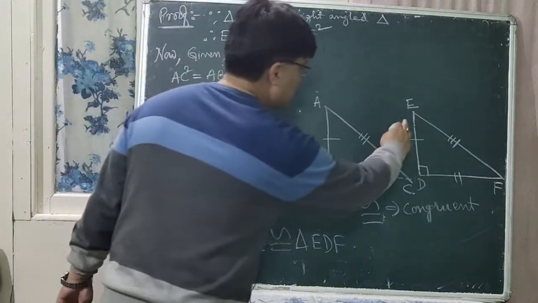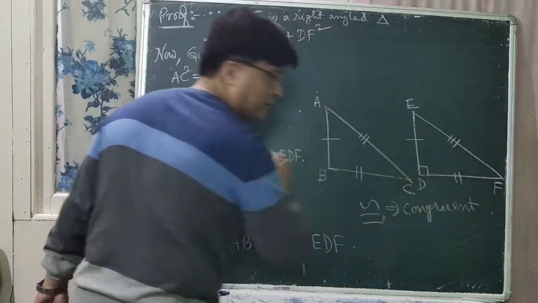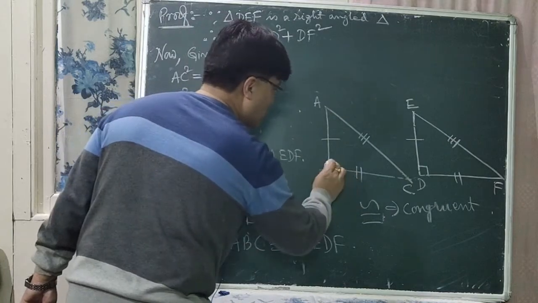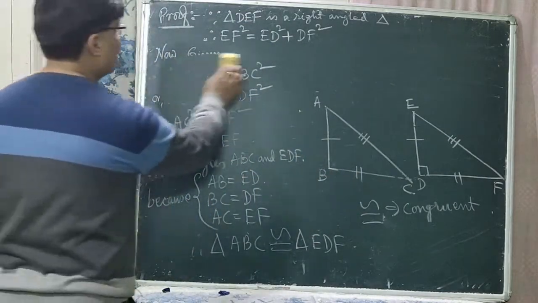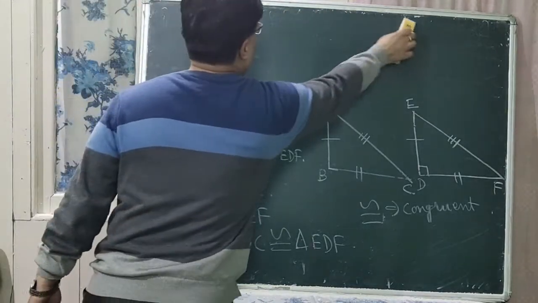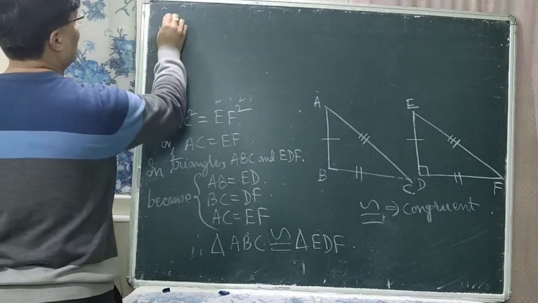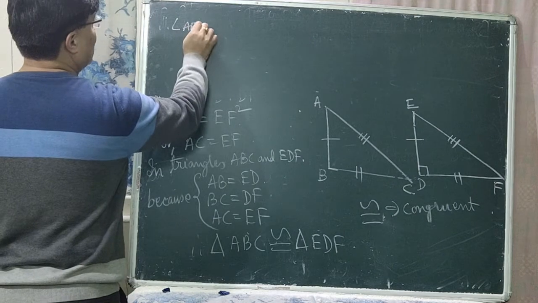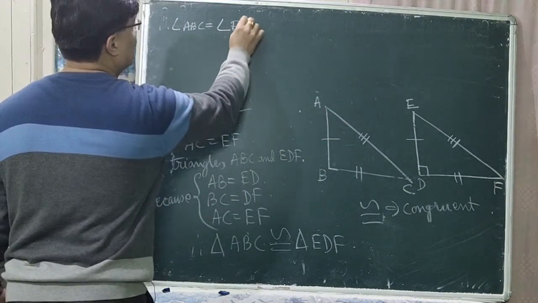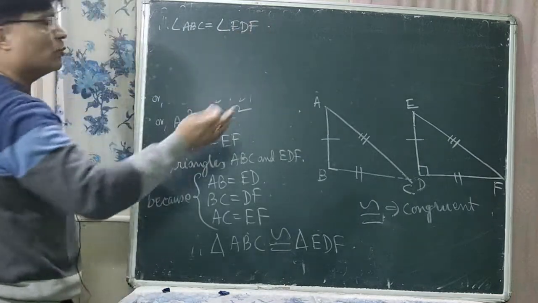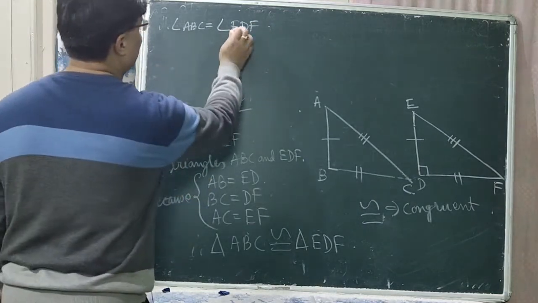That means this angle EDF is 90 degrees. So angle ABC is also what? This should be 90 degrees. So therefore angle ABC is equal to angle EDF, because they are equal in all respects, right?